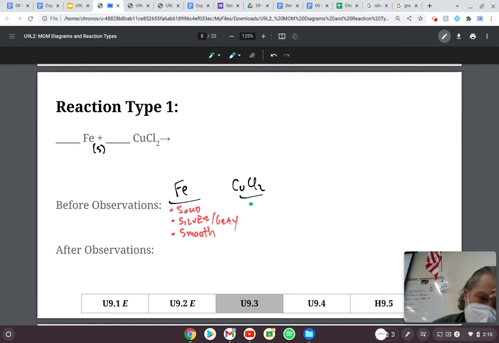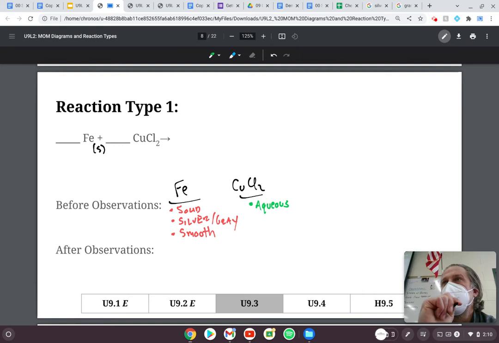Now, my copper chloride, CuCl2. What state of matter would we be talking about here? Agreed. This is going to be aqueous, right? And that would indicate that what is true? That something was dissolved in water. Good. What would we say about its color? It's a shade of blue.